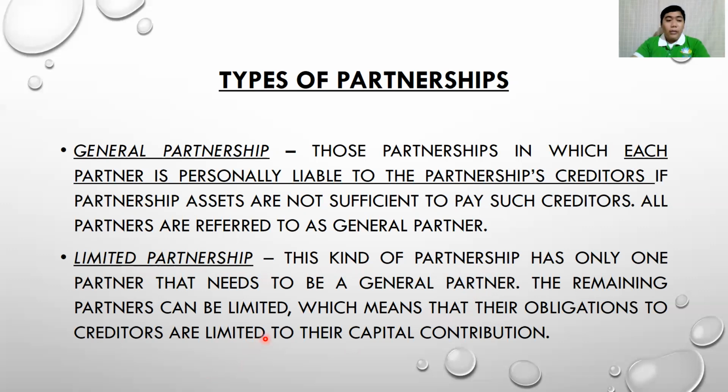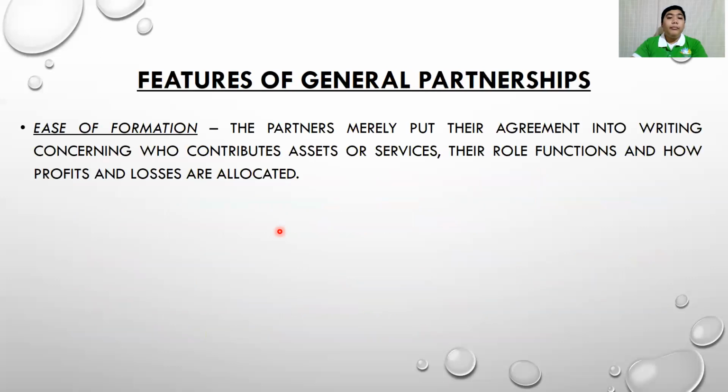But take note, walang limited partnership. I think in the Philippines, only general partnership is allowed to be established. Also, like what I have said, practice of profession can also be used to form a general partnership.